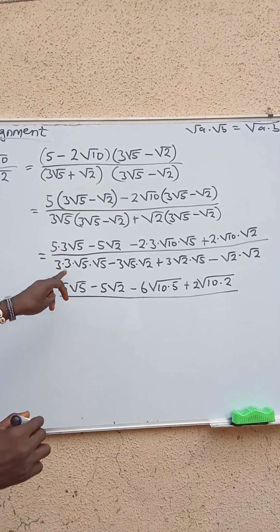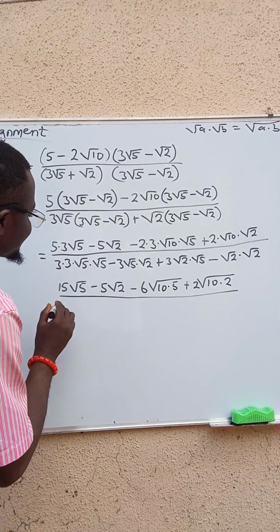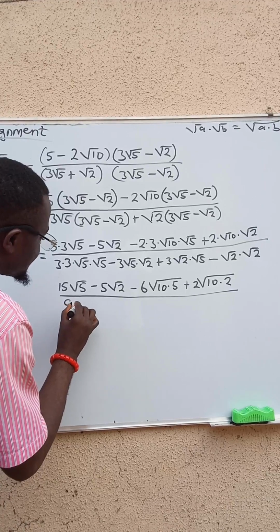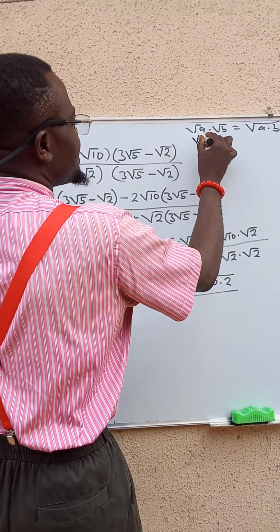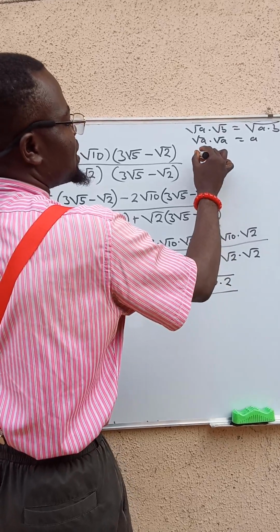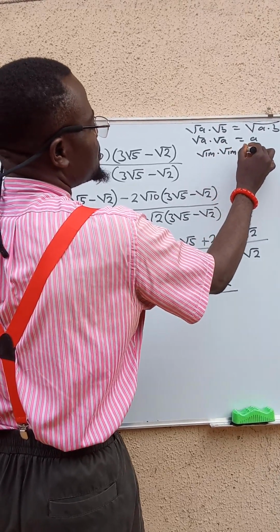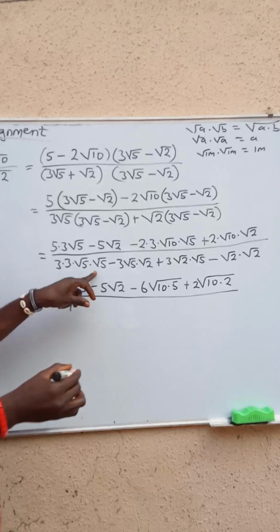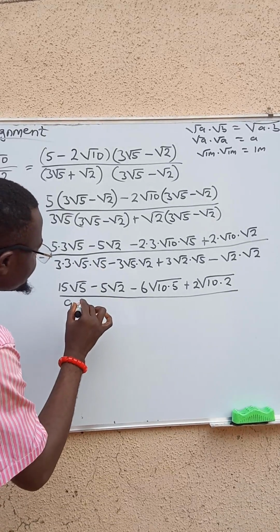Look at this very one. 3 root 3. Sorry, 3 dot 3 is 9. 9 dots. Now there's something here. If I have root a dot root a, it will give me a. If I have root 1 million dot root 1 million, it will give me 1 million. So if I have root 5 dot root 5, it will give me 5.